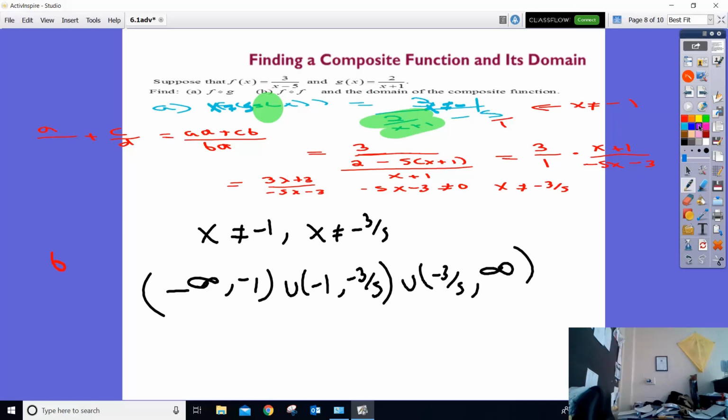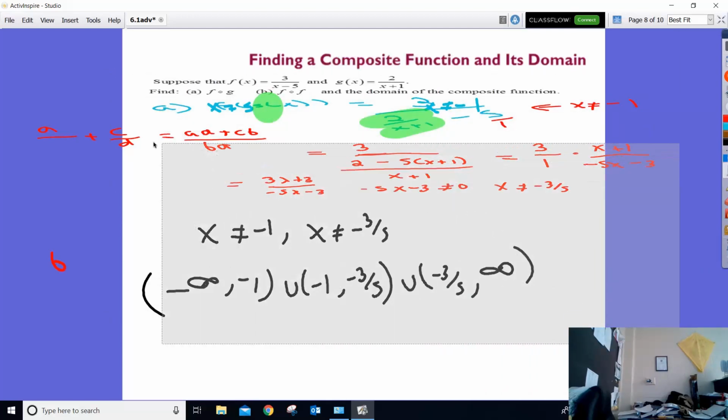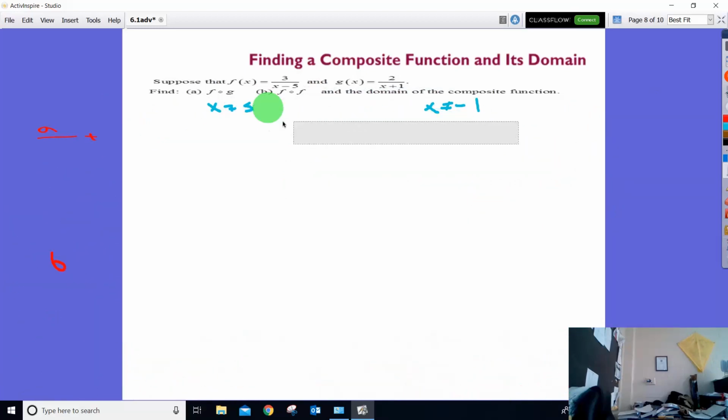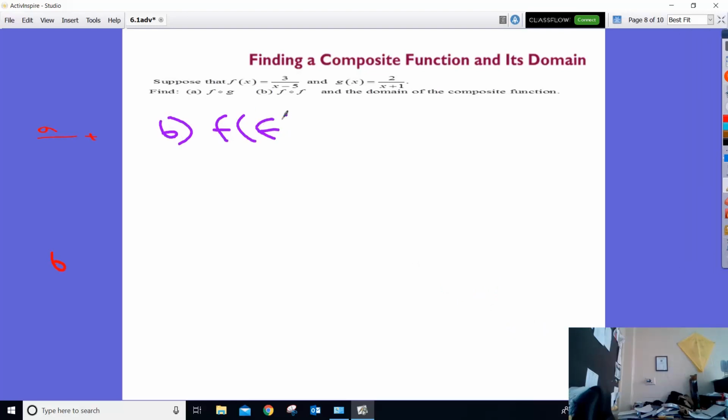What's up next? F of F. Self-seating. All right, so now we're doing part B, F of X. Let's teach this like composition is just seating another function.